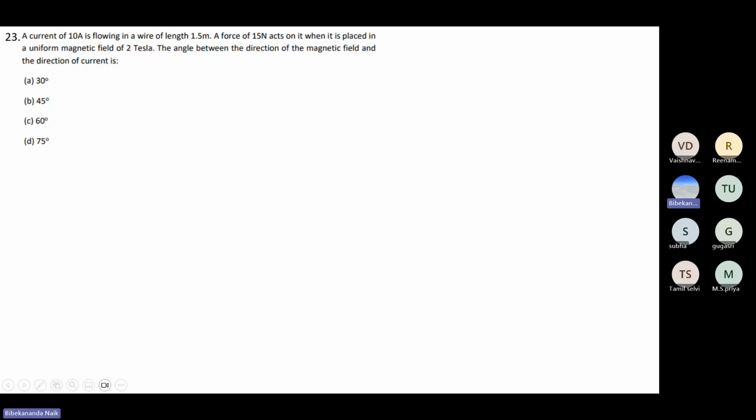Now the next question says a current of 10 ampere is flowing in a wire of length 1.5 meter. A force of 15 Newton acts on it when it is placed in a uniform magnetic field of 2 Tesla. The angle between the direction of the magnetic field and the direction of the current is? So this is a wire and a current is flowing inside the wire.